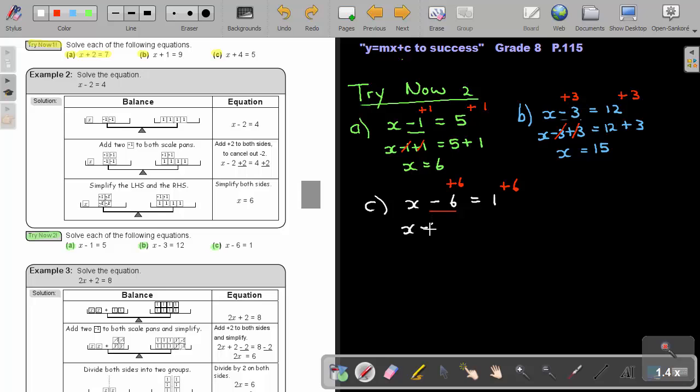So x minus 6 plus 6 equals 1 plus 6. So this will cancel out. So this will be x is equal to 6 plus 1 is 7. We can test it. 7 minus 6, that will be equal to 1. We will continue in the next part with a little bit more complicated examples.